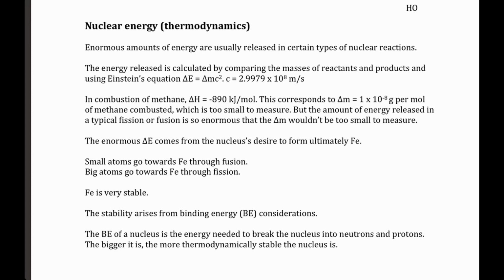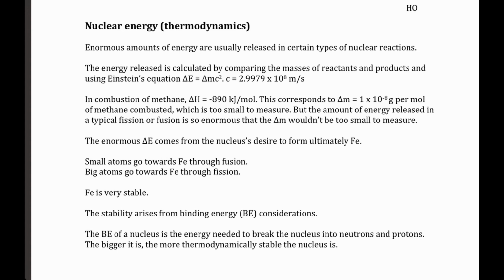It is 2.9979 times 10 to the 8th meters per second. In the combustion of methane, CH4, delta H is negative 890 kilojoules per mole. This corresponds to a delta M of only 10 to the minus 8 grams per mole of methane combusted, which is very, very small.